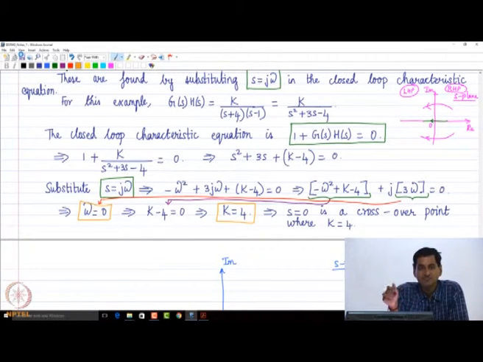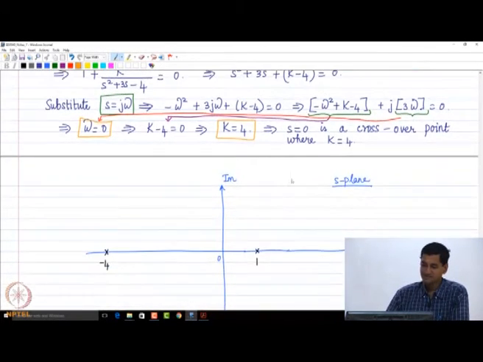And this is a valid solution for this problem because k is taken to be positive, right. Omega equals 0 means s equals 0, that means the origin, and at that point the gain k is positive. So, the origin is a valid crossover point, as far as this particular example is concerned, correct.